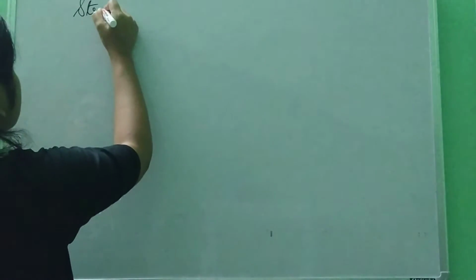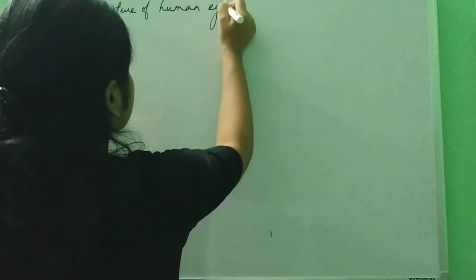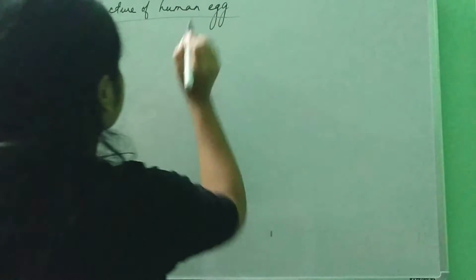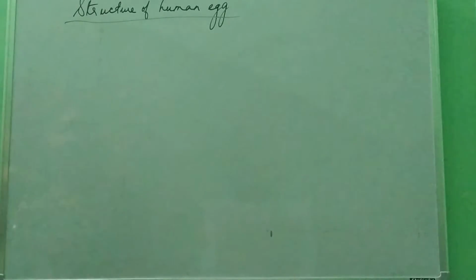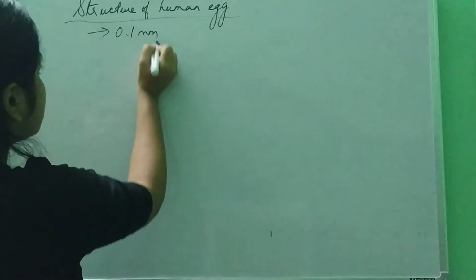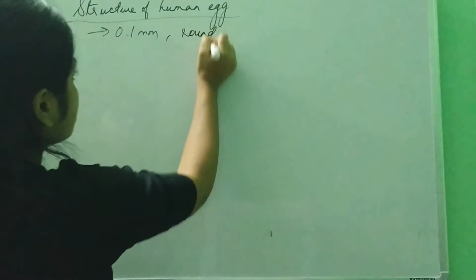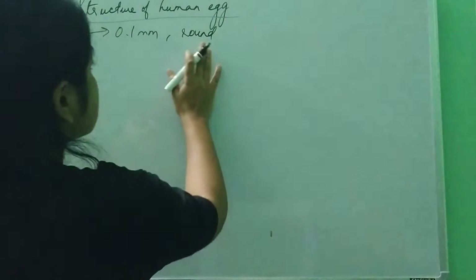So the structure of the human egg: the size is about 0.1 millimeter in diameter, and it is round.